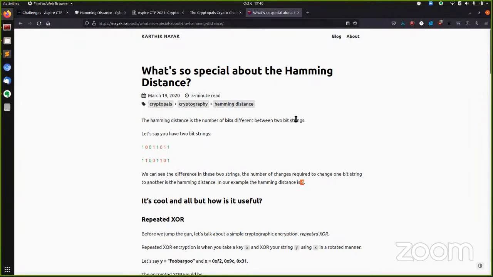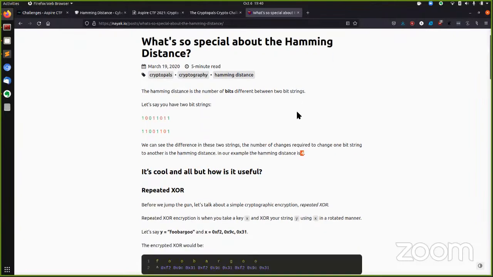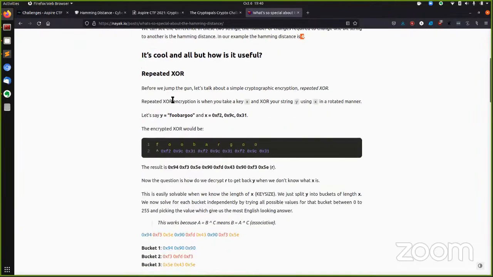So how is it useful? Let's say we encrypt, in this case, the word they are encrypting is foobarbaz, and they've used this key. If they encrypt this using a repeating key XOR of length 3, it would repeat after every 3 characters.